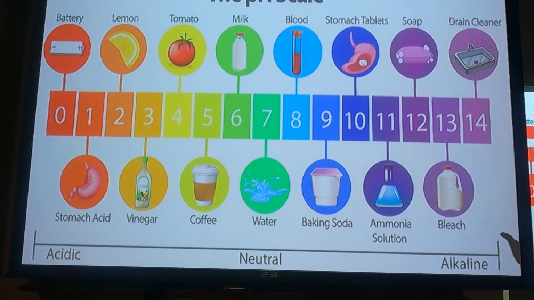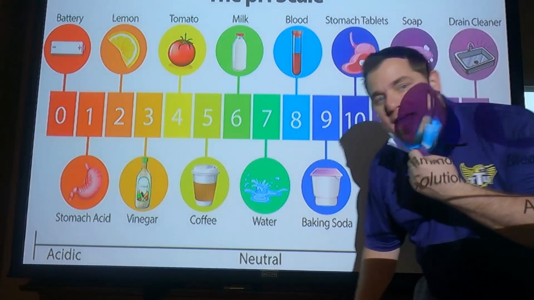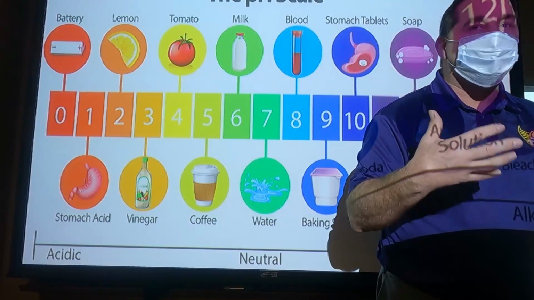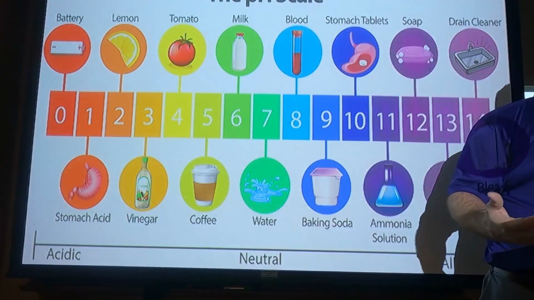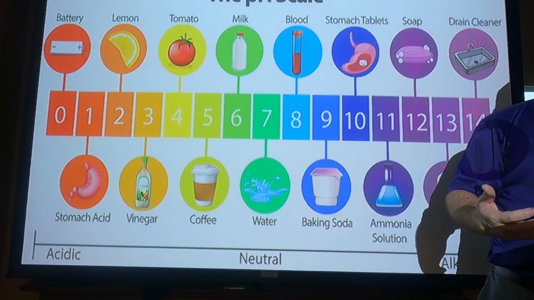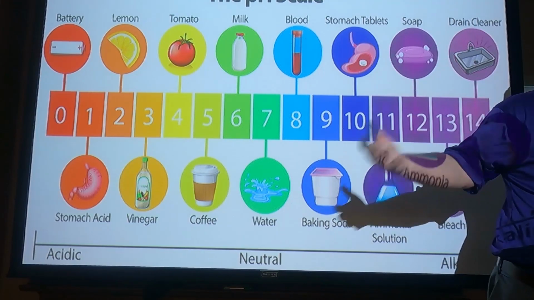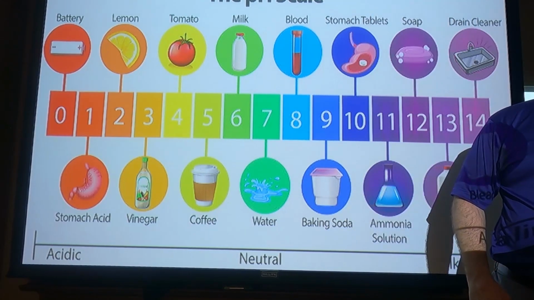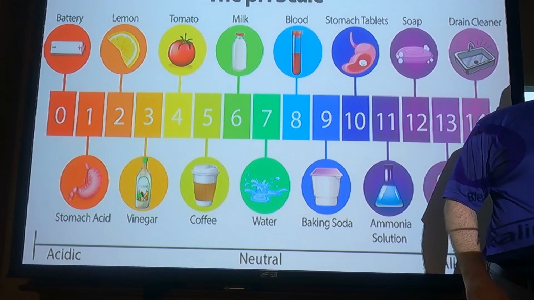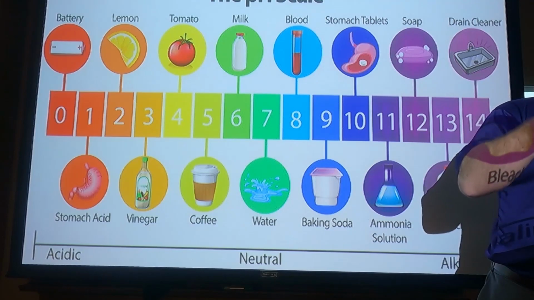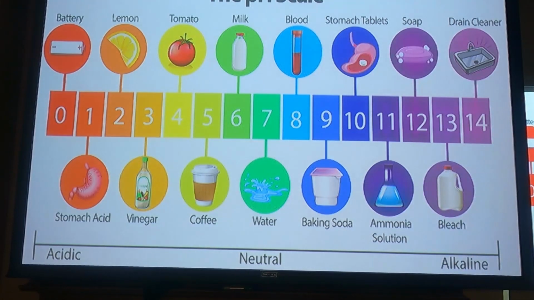I was running around with my tongue sticking out, wondering what to do to stop this. Naturally you think that if you have a base on your tongue, you would look for an acid to neutralize it. But I didn't want to put an acid on my tongue, so I stuck my tongue under the faucet and let the water neutralize it. But boom, I'll never forget that one.